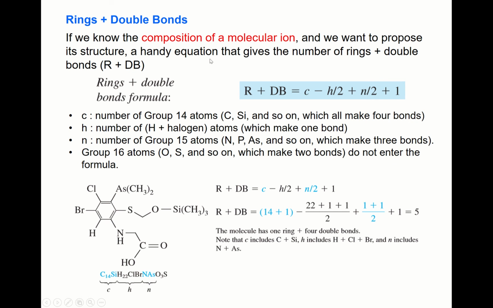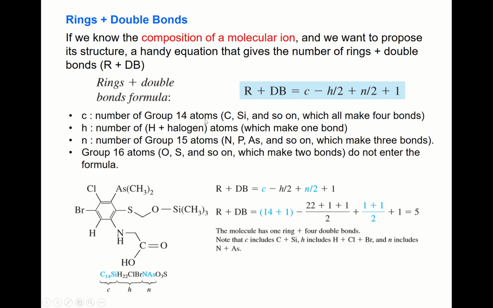A handy equation gives the number of rings plus double bonds, R plus dB. The equation is R plus dB equals C minus half of H plus half of N plus 1.